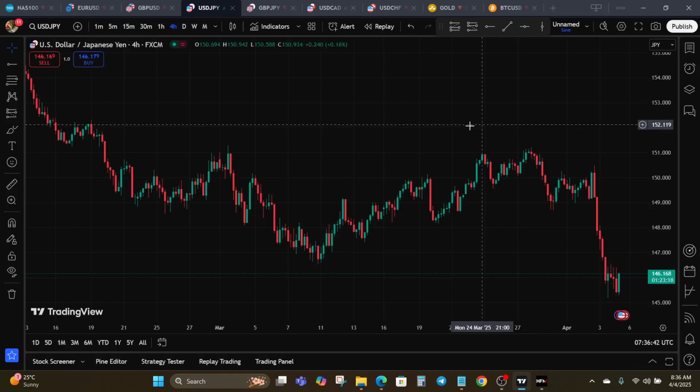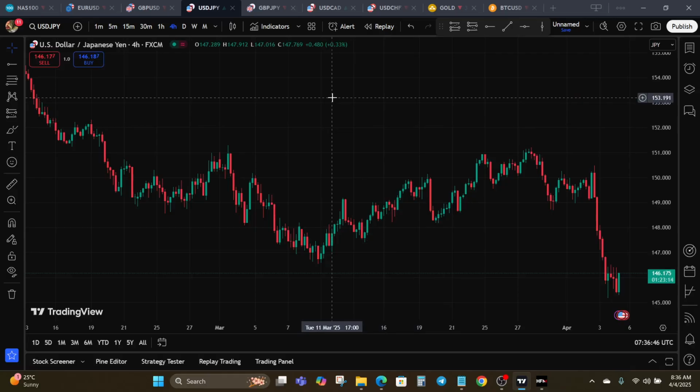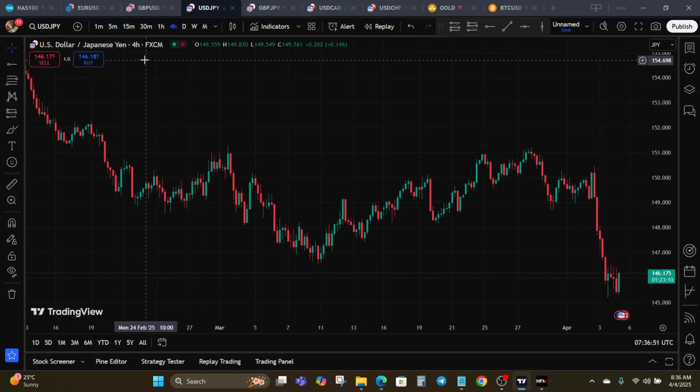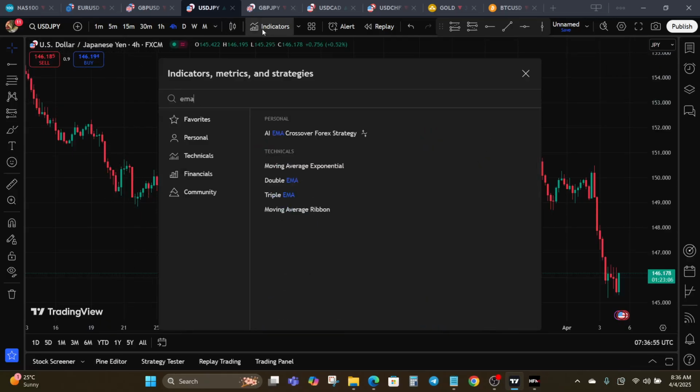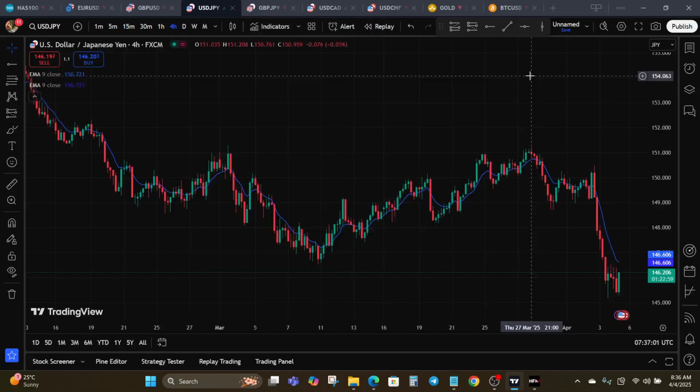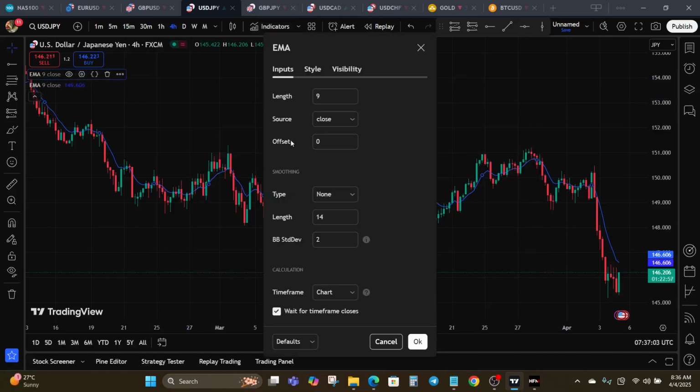All right. So for scalping strategy, scalping is all about fast execution, and we're going to be using the 5 and 20 EMAs.